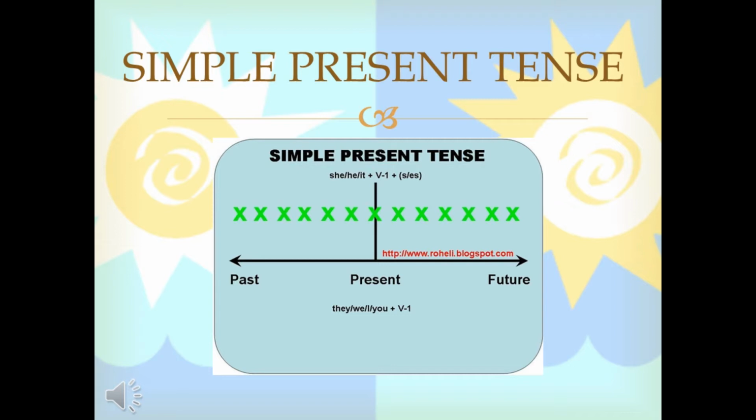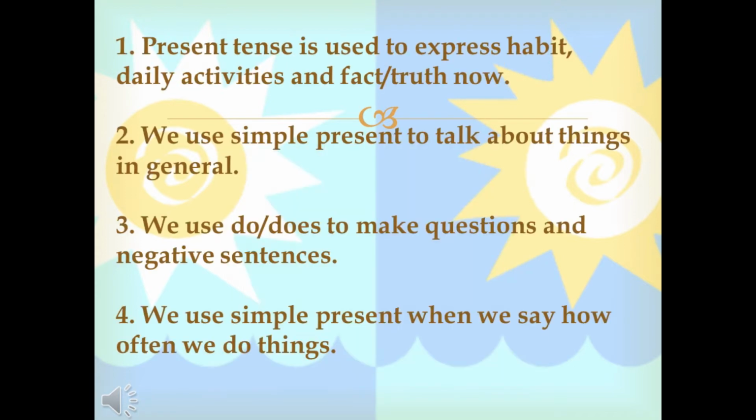So, we are going to study more about what simple present is. There are 4 explanations about present tense. Number 1. Present tense is used to express habits, daily activities, and facts or truth now.